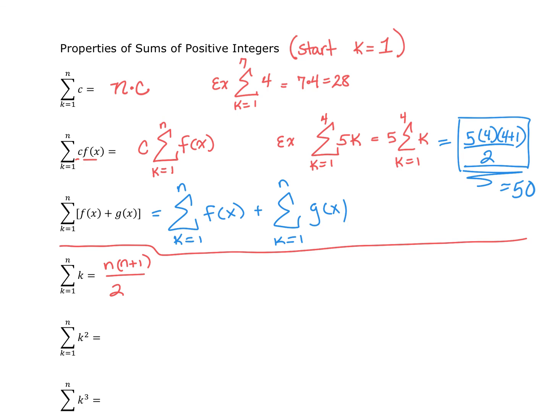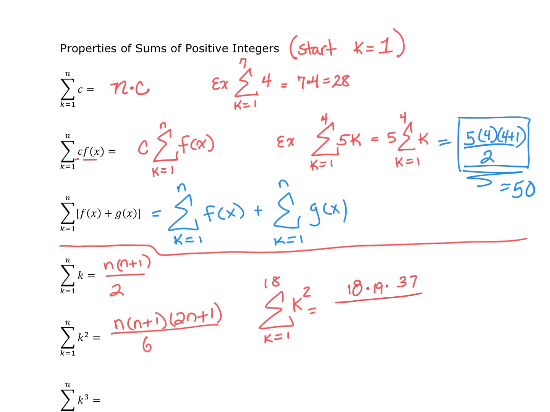For the sum of the k squares, the formula is n times n plus 1 times 2n plus 1 all over 6. So an example there might be k equals 1 to 18 of the k squares, which is 18 times 19 times 37 all over 6.